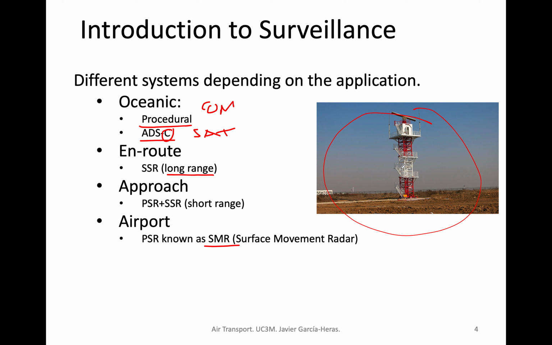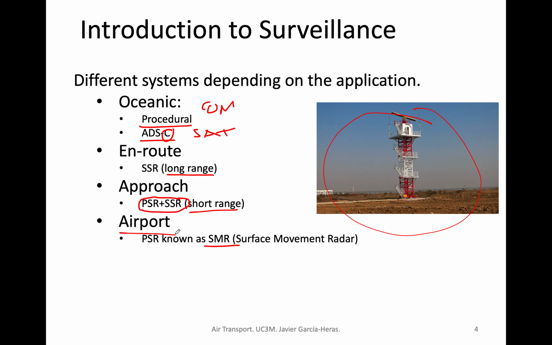In approach, I already said that we install together the primary surveillance radar and the secondary surveillance radar with this high resolution, or higher accurate information, typically used in the TMA, the surrounded area of the airport, where there are a lot of aircraft and traffic climbing and descending to the airport.